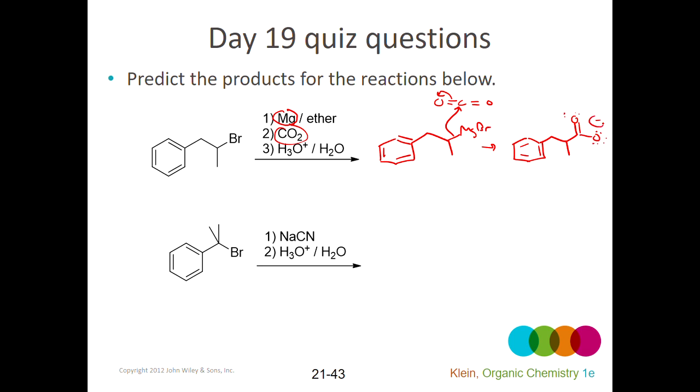That will produce a carboxylate, and then the H there is just used to donate a proton. So that would pick up a proton, electrons stay behind to make a water, and that would produce a carboxylic acid.